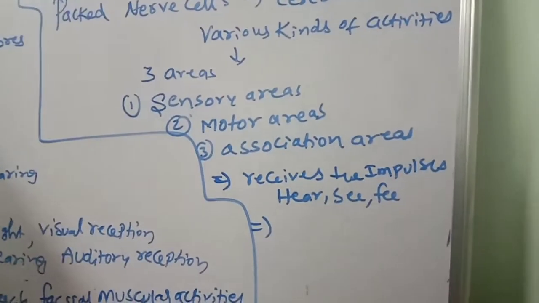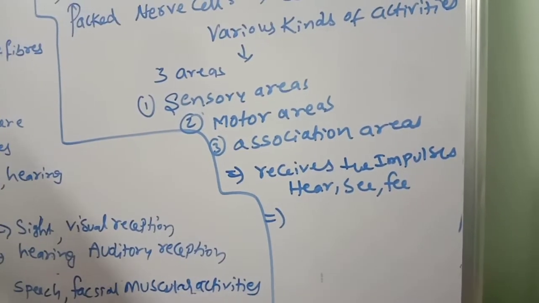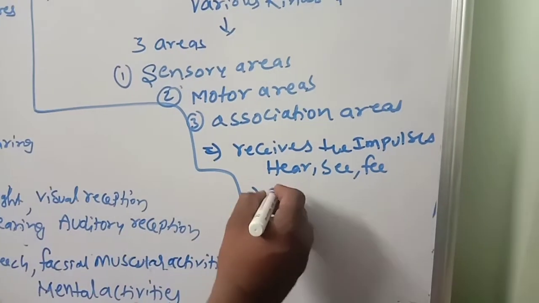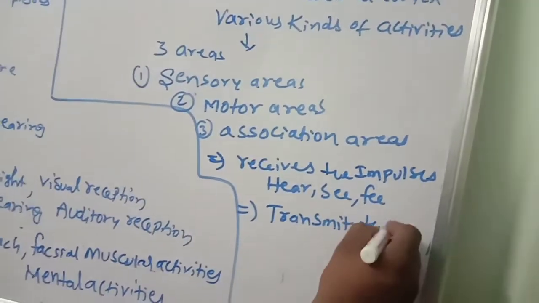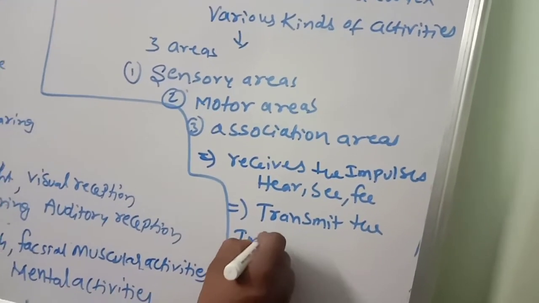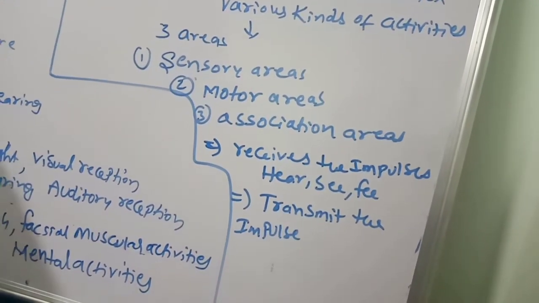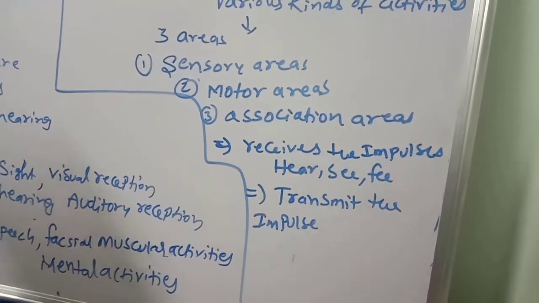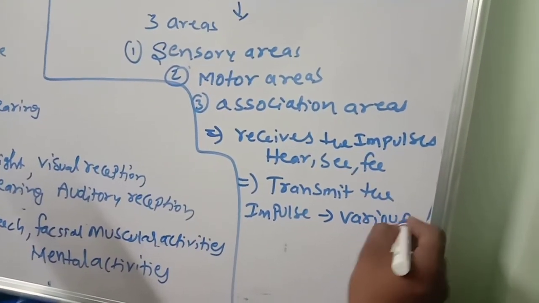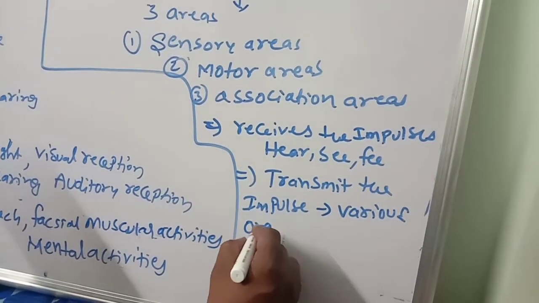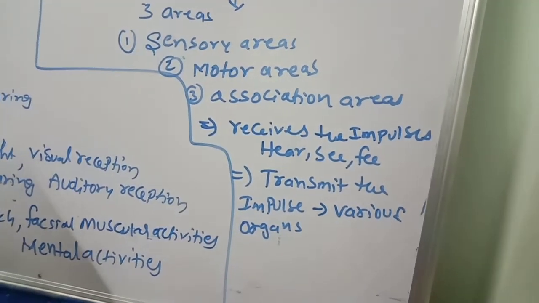What about the motor areas? The motor areas transmit the impulses from the CNS to effector organs, to various organs. This point you should also remember.